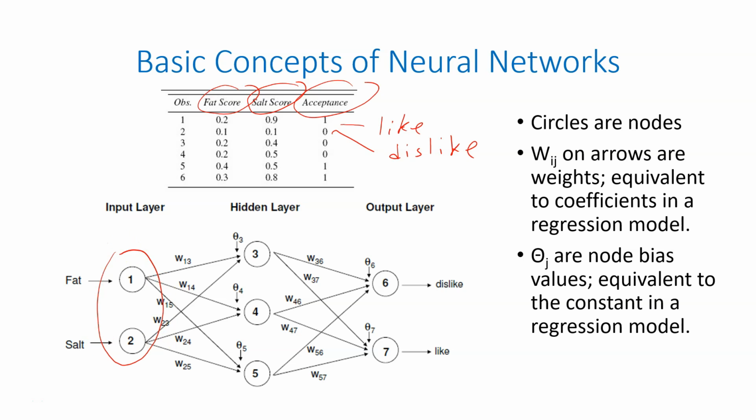The output layer contains the target variable or values. Since this is a binary class classification problem, our target variable, accept, has two classes, like and dislike. Therefore, there are two nodes in the output layer representing the two possible classes.